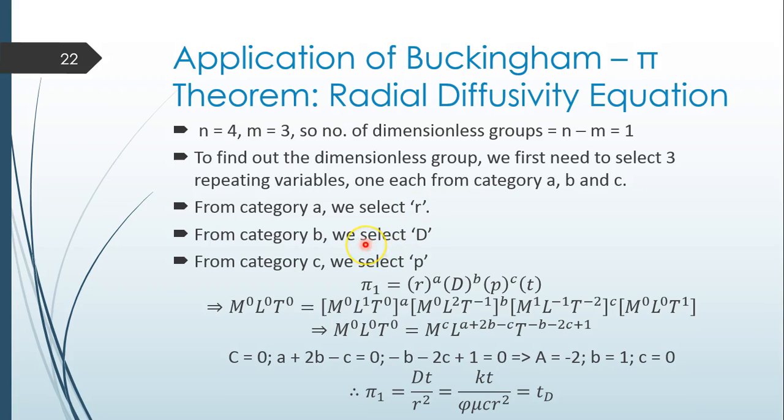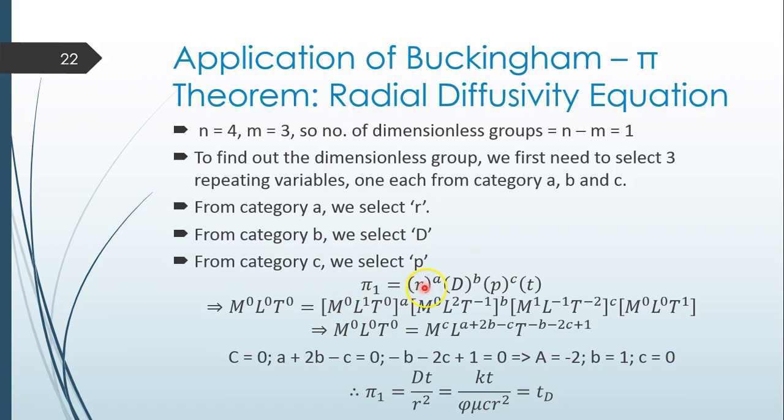From category B, we select D, the diffusivity constant. From category C, we select t. Now these are our repeating variables. They will be combined with the non-repeating remaining variable, which is P.